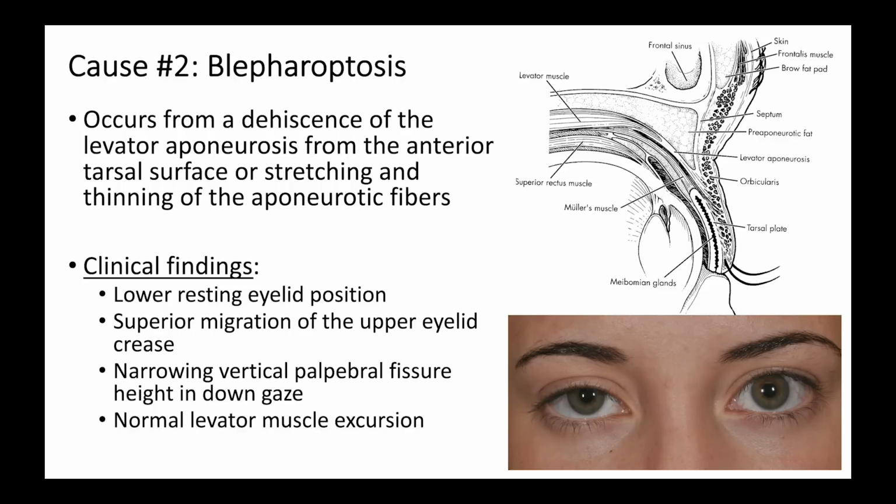And as that muscle stretches, it just doesn't hold the eyelid up as high as it should. The muscle works fine, it's just stretched out. A lot of times we'll see this, especially in younger individuals, if they've worn contact lenses, especially hard contact lenses, as the lenses themselves or putting the lenses in and out will actually stretch out that muscle more and more.